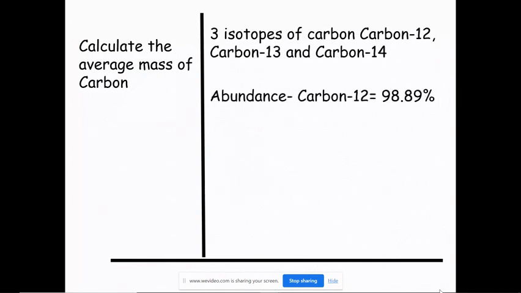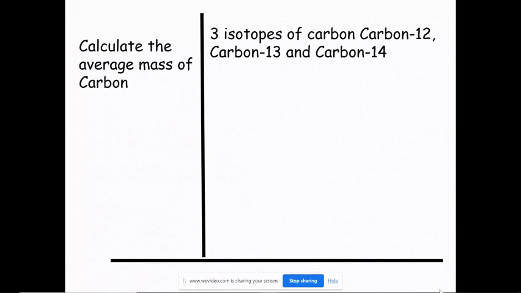So there are three isotopes of carbon: carbon 12, carbon 13, and carbon 14. Carbon 12 has six protons and six neutrons, which gives it a mass of 12. That's why we call it carbon 12. Carbon 13 has six protons and seven neutrons, giving it a mass of 13, which is why we call that carbon 13.